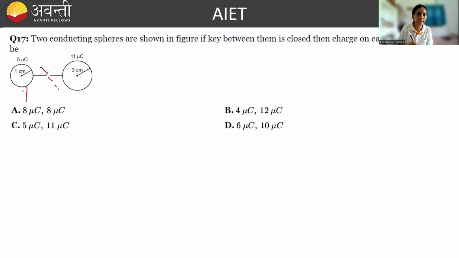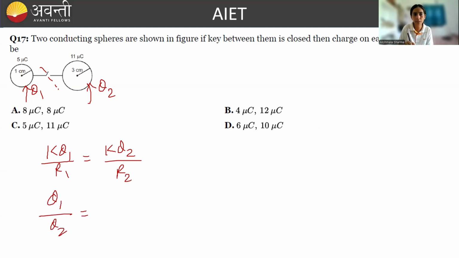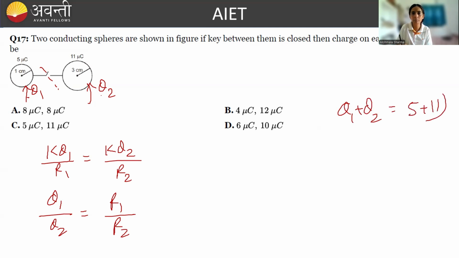So finally, let's say it has a charge Q1 and it has a charge Q2. So finally, kQ1 by R1 will be equal to kQ2 by R2. You know, we did this, Q1 by Q2 will be equal to R1 by R2. Again, if finally this has Q1 and this has Q2, then Q1 plus Q2 will be equal to 5 plus 11 microcoulomb.